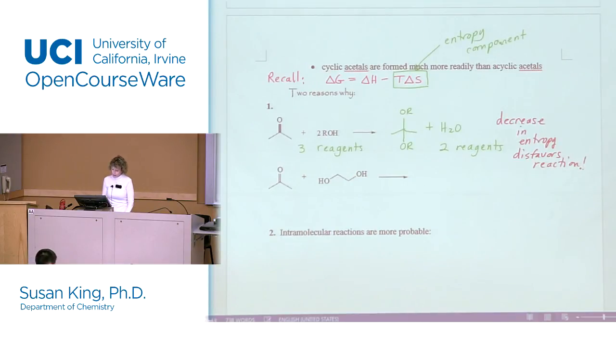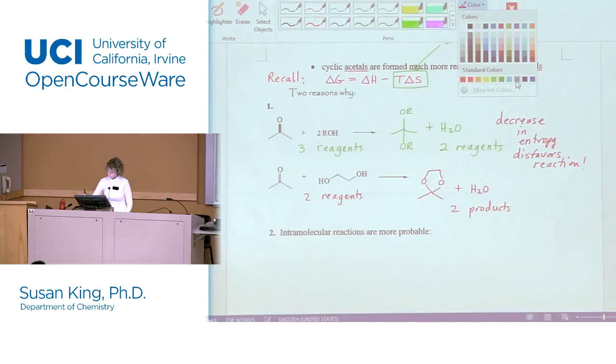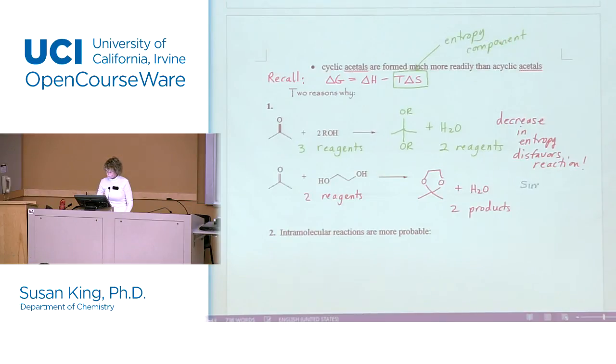And if we make a cyclic acetal, we have 2 reagents here, and we get 2 products. So it's not as bad a change here. So similar entropy. So that's reason number 1.